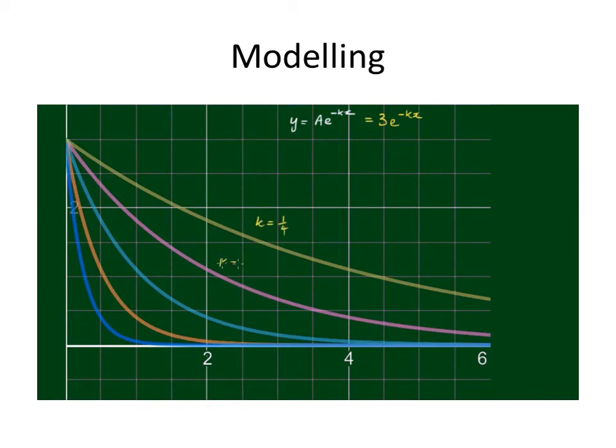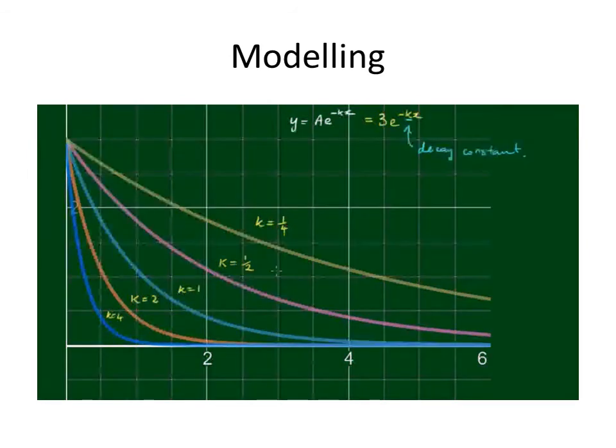The magenta curve is when k equals 1/2. This cyan curve is when k equals 1. The orange curve, k equals 2. And the blue curve is for k equals 4. So k describes the rate of decay. It's the decay constant. And as we can see, the larger the decay constant, the quicker the rate of decay.